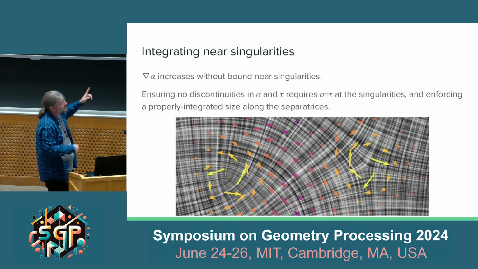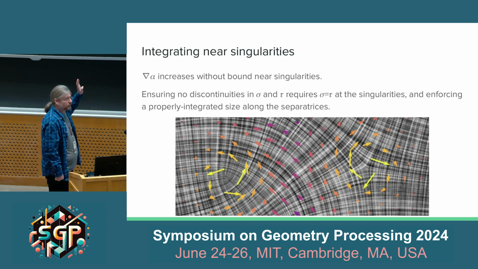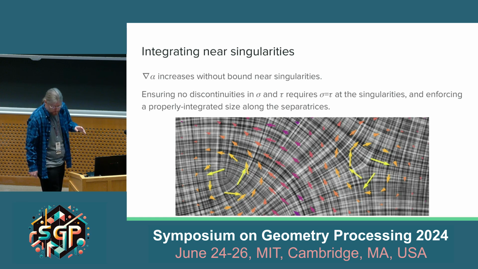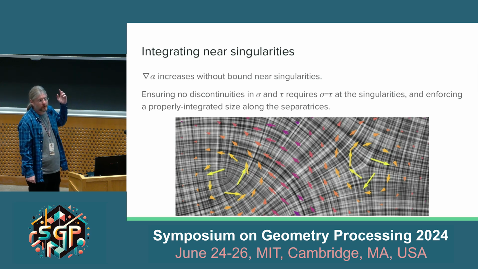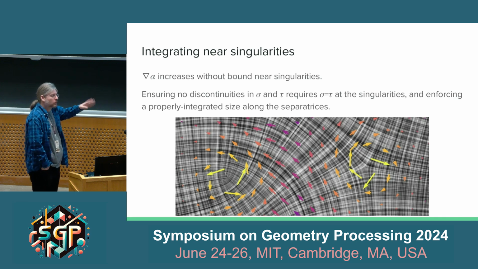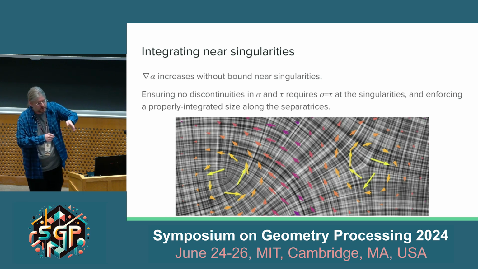So unfortunately, all of our growth is proportional to grad alpha, but as you get closer and closer to a singularity, grad alpha grows without bound, which introduces two problems. First, for tracing a streamline, if you're just doing forward Euler integration, it's possible to make a step that's too long and go in the wrong direction, so you're tracing the wrong streamline.